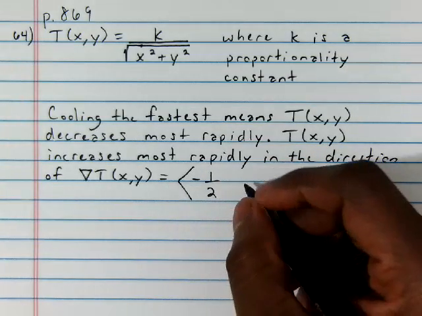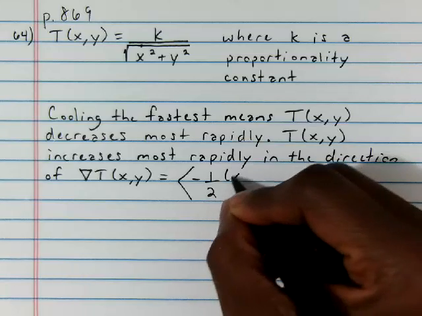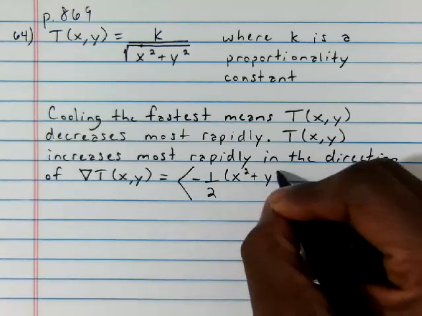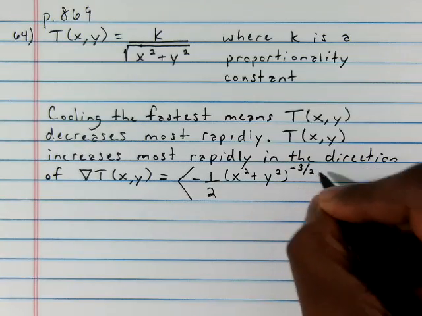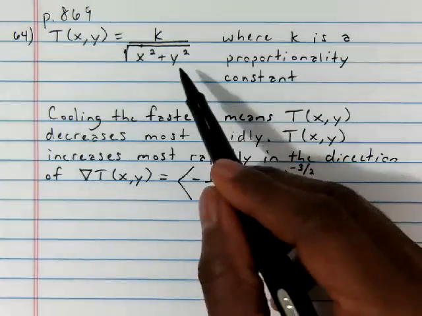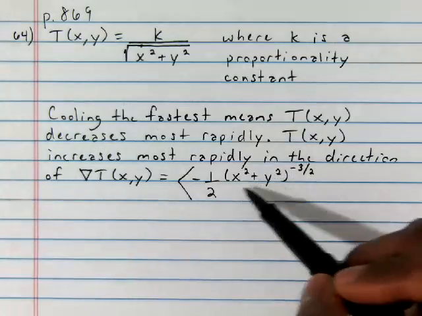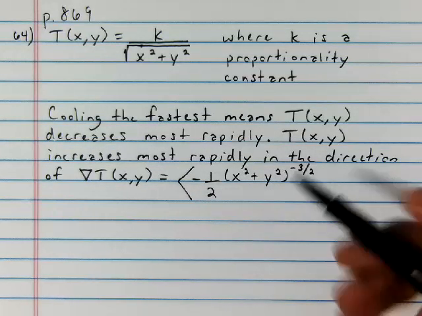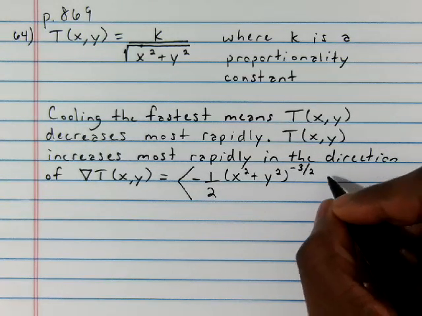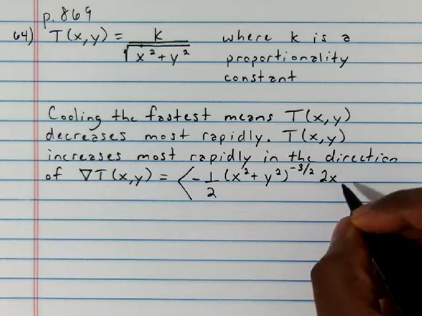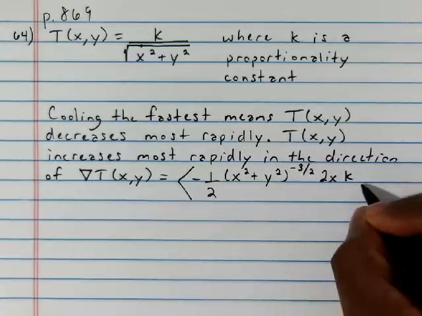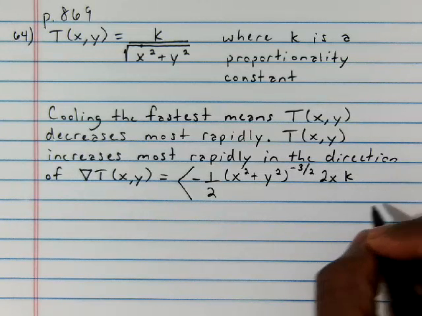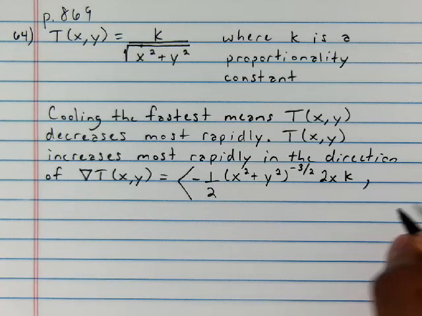So it's going to be negative 1/2 times (x squared plus y squared) to the negative 3/2, times the derivative of the inside with respect to x, which is 2x, and then times our k, because that's not going anywhere.